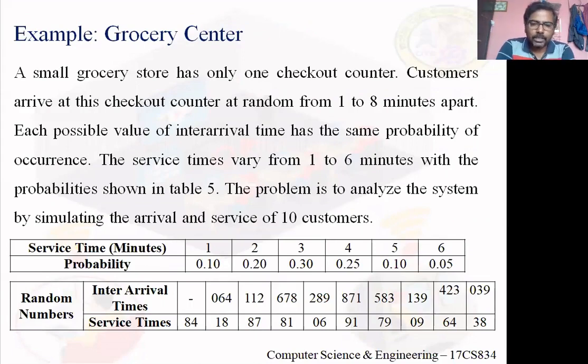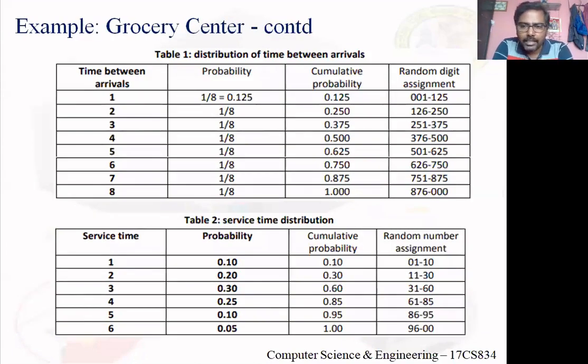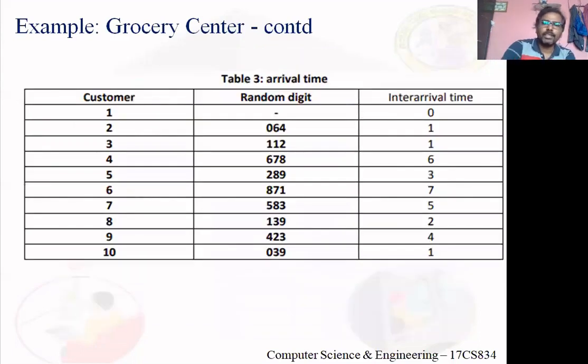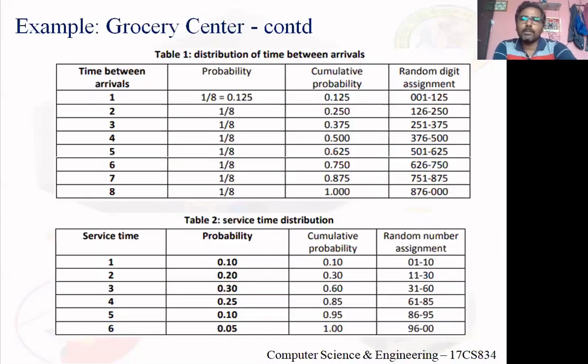So 678 is in the range 626 to 750. It represents an inter-arrival time of 6 minutes. So similarly, for the given random numbers, you need to identify which range it belongs to, and that range represents the inter-arrival time.